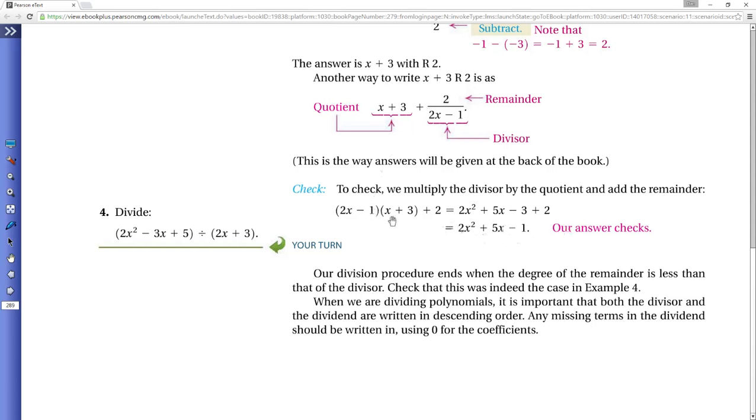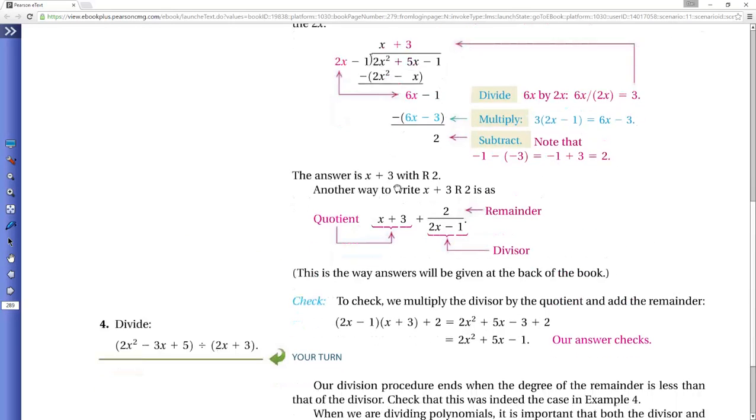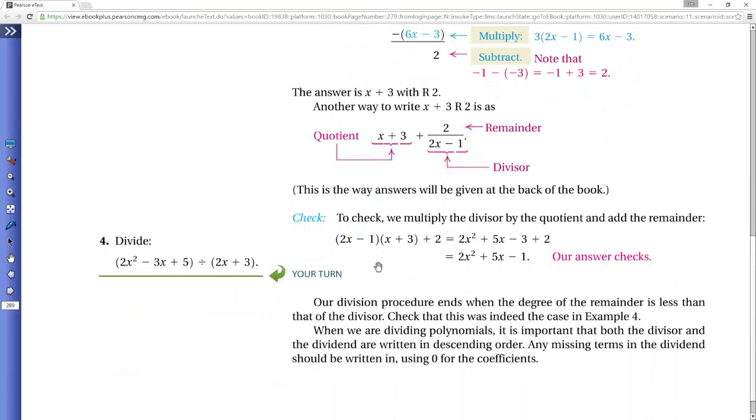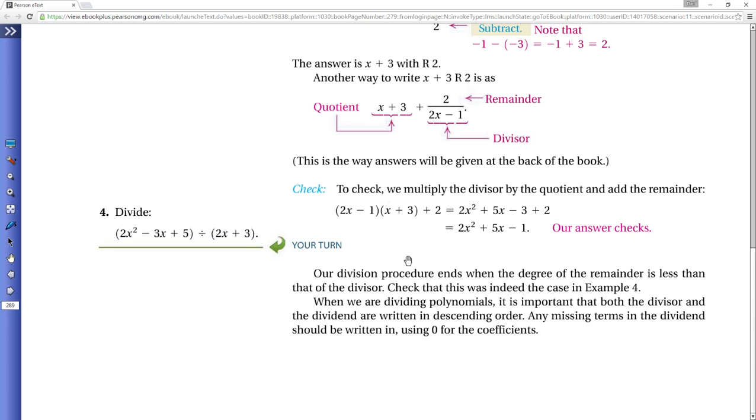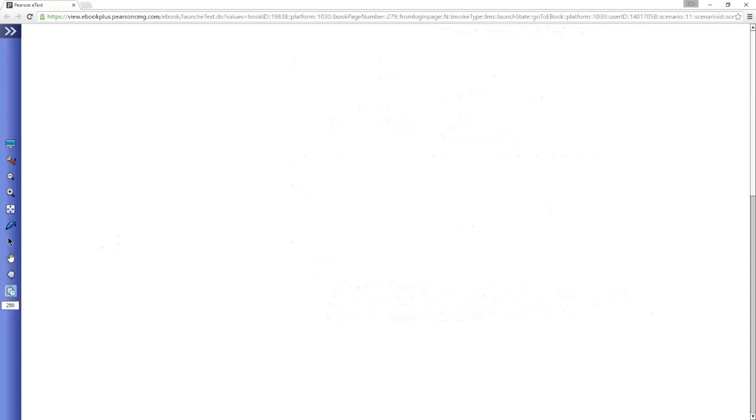And again, I would make sure you check to make sure you haven't made an error. There's a lot of subtraction, subtractions of negatives, a lot of pretty common opportunities for errors. So that's long division applied to algebraic expressions.